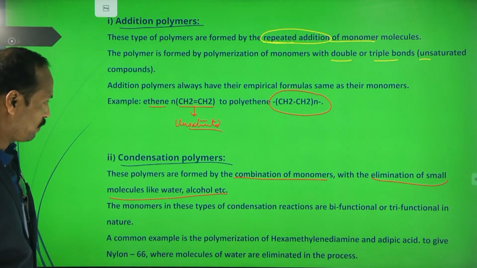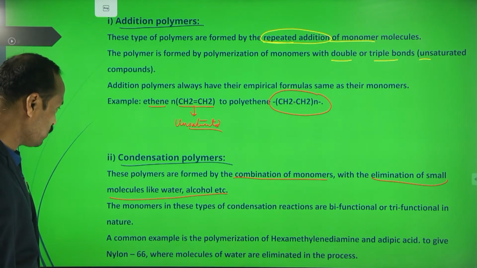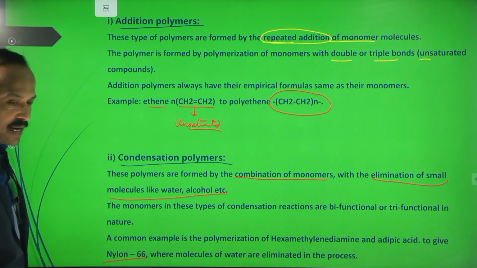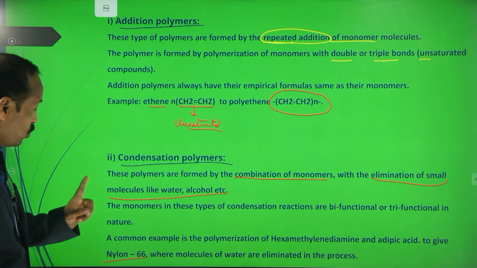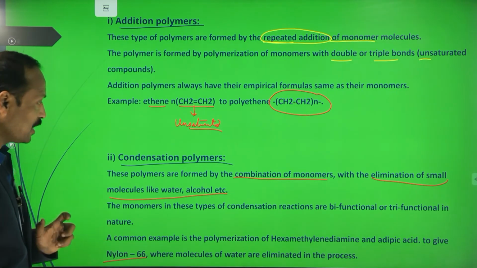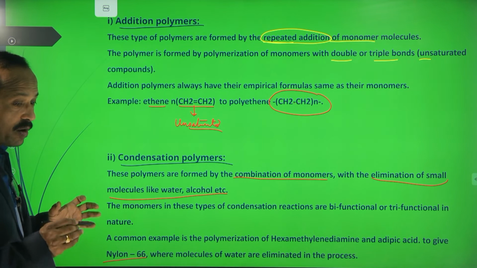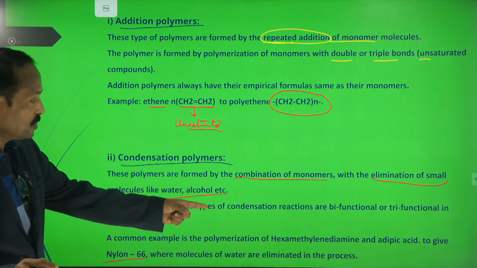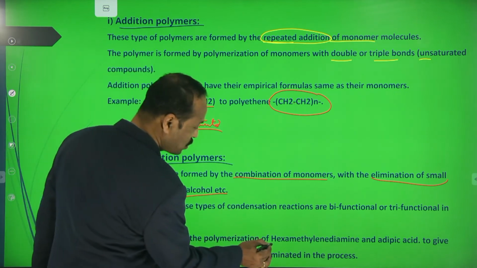An example of condensation polymerization is nylon 66. The most important thing is how nylon is formed. Nylon is formed from two substances. See how big the name is. How to read it? Hexa means 6, methylene. Hexamethylene means 6 methylene groups along with di, which means 2, amine.